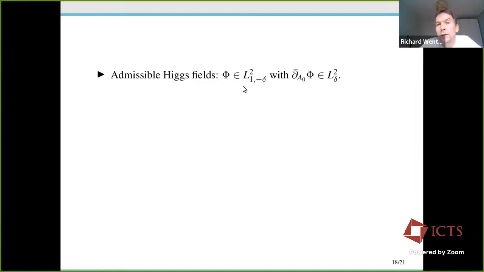And so we define what looks like a funny domain. We look at all phis in L2 minus delta, but so that the derivative with respect to the connection lies back in L2 delta. The derivative here would naturally be in L2 minus delta, but here we only look at the ones that live in L2 delta. So that defines some domain, and that's going to be the domain for our Higgs fields.